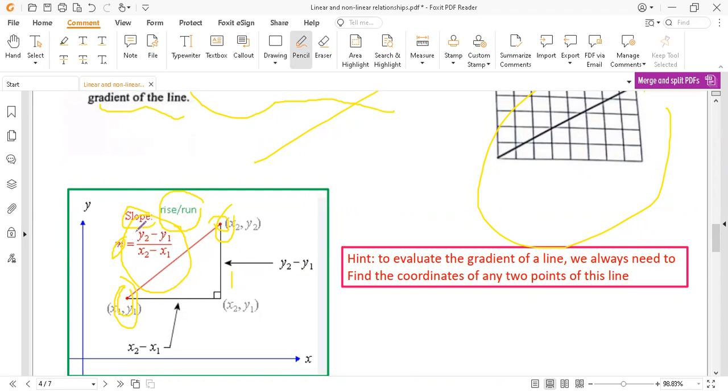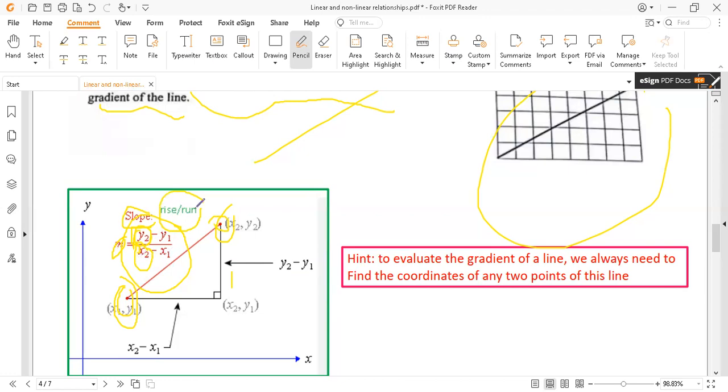Normally we should adopt the same order. If we use the ordinate of the second point first in the numerator, in the denominator we should also use the abscissa of the second point first. Okay, so normally it is y2 minus y1 over x2 minus x1.